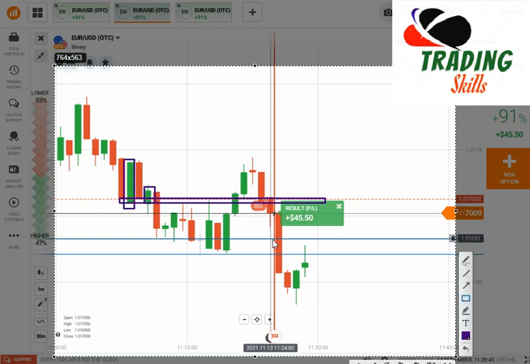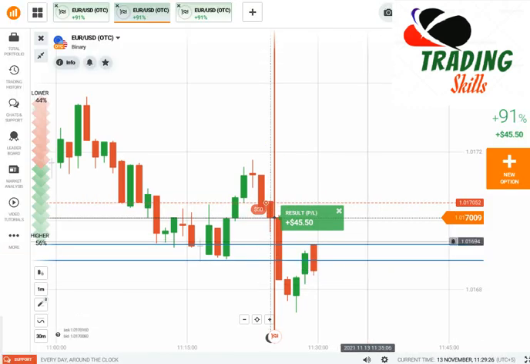Now if you analyze the market, you can easily see that this candlestick broke the level, and you cannot see any kind of buyer's entry in it. So I took my trade with full confidence in a down direction, and I won this trade also.